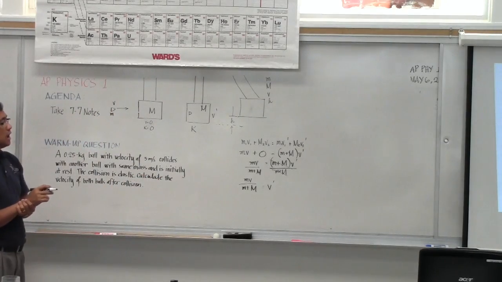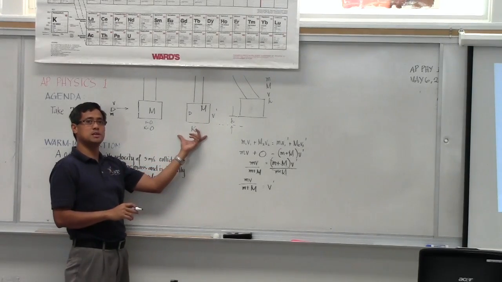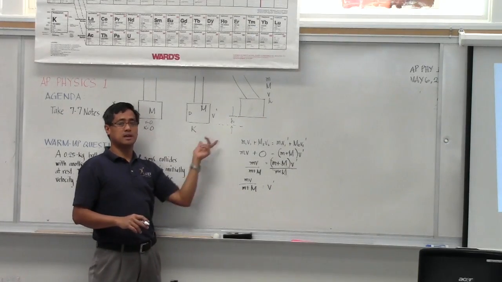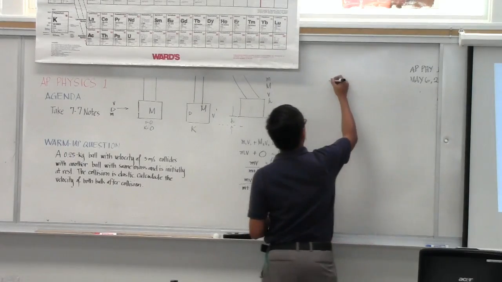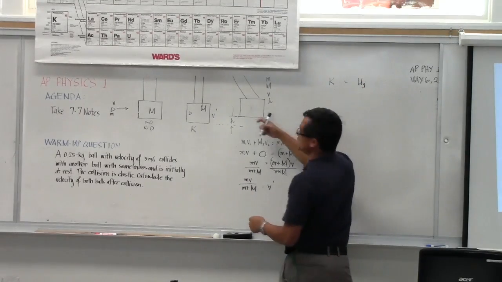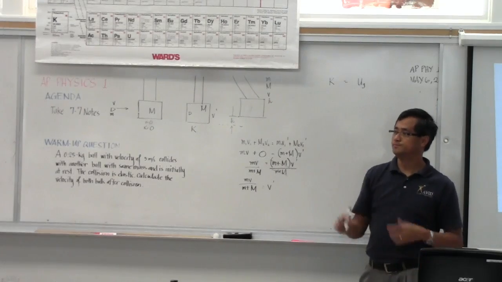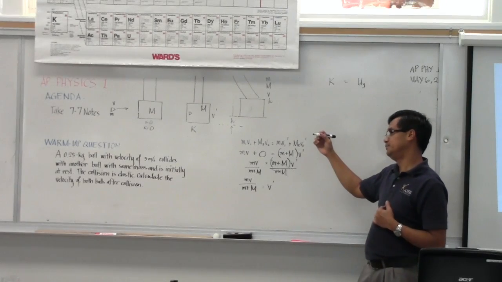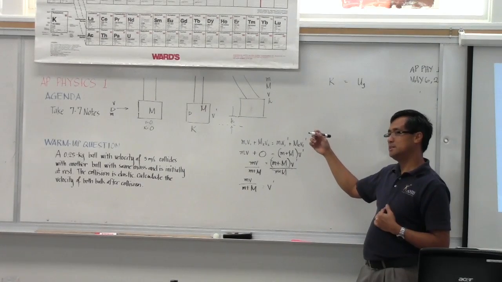Now, using the law of conservation of energy, here it's all what kind of energy? And here it's all what? And what can you say about the kinetic and potential energy? They are equal, right? So kinetic energy here is equal to the gravitational potential energy here. Now, do you still remember what the formula for kinetic energy is?